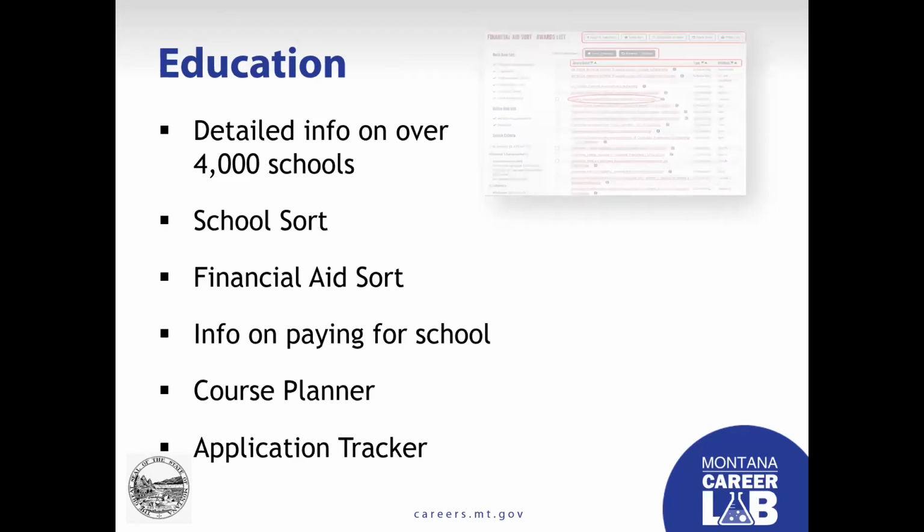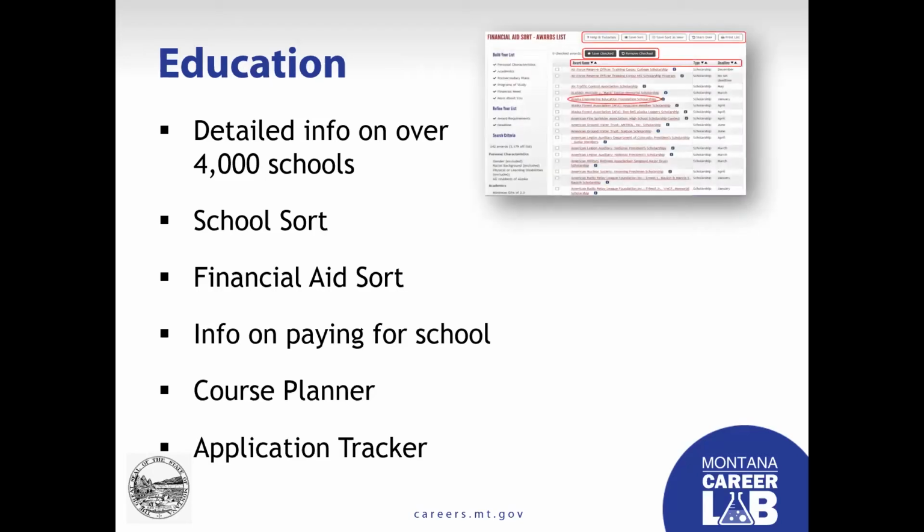There's financial aid sort, works the same kind of way. And then they get a list of scholarships available, and it gives really detailed information on what they need to do and a link to the scholarship information on whoever's putting that scholarship out there on their webpage.